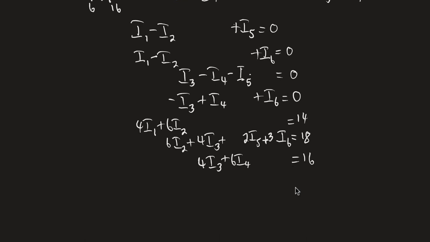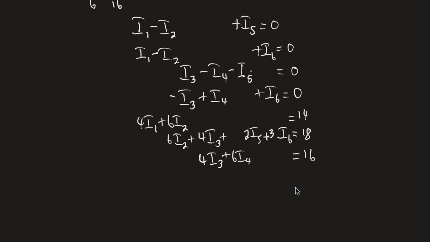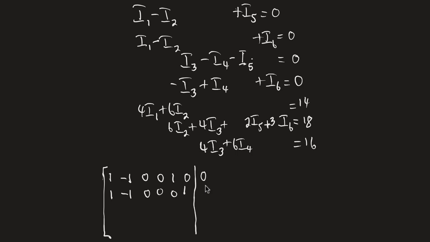So now let's see if we can write down the augmented matrix for this. Okay, so 1, negative 1, then I have 0, 0, 1, 0, and then on this side I'll also have a 0. And then I have 1, negative 1, 0, 0, 0, 1, and then 0.